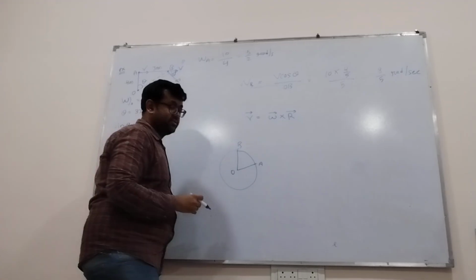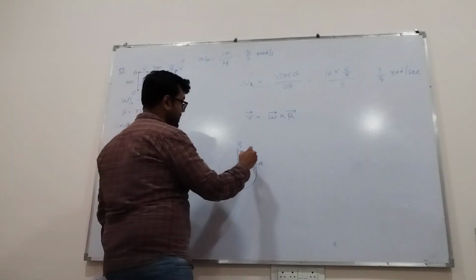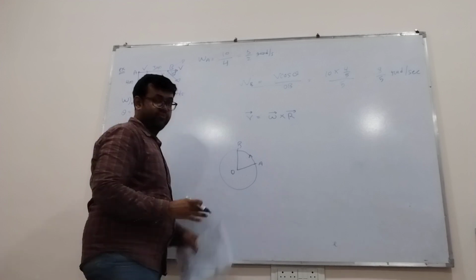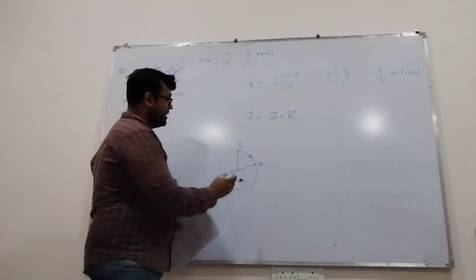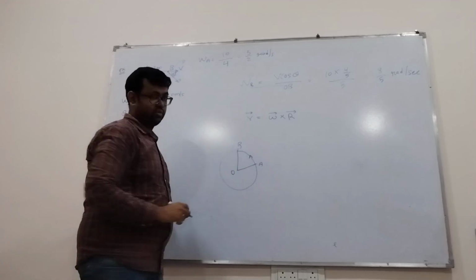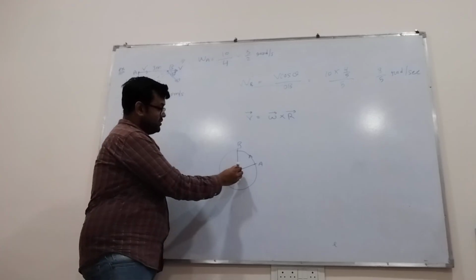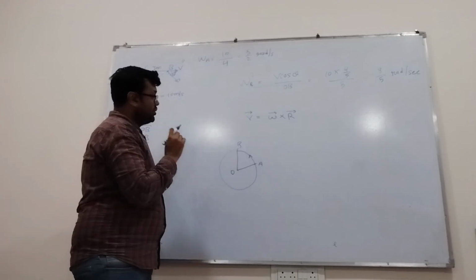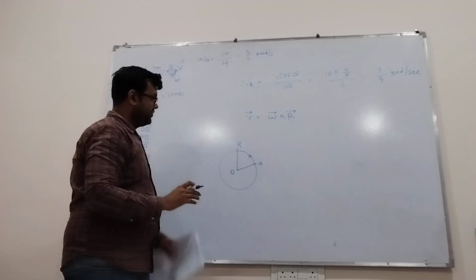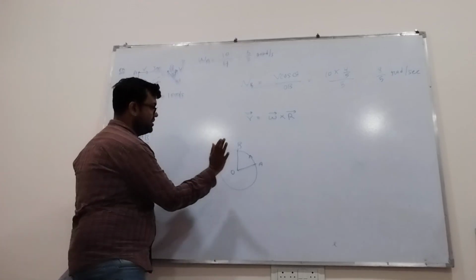Suppose now the object is at point A, and the object is moving from A to B. So the direction of the motion will be this. So the direction of the omega will be out of this plane. To find out the direction of the v, we have to use our palm.